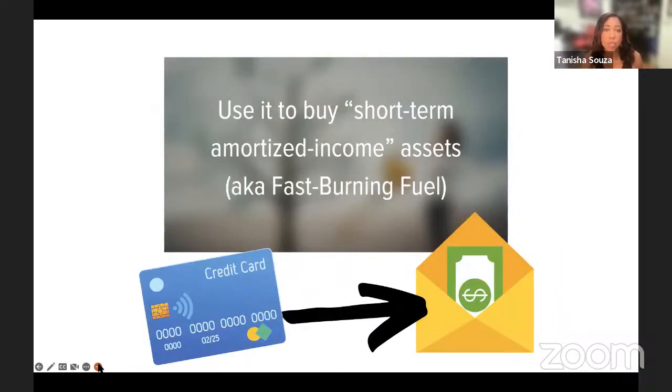And use it to buy short-term amortized income investments, which we also call fast burning fuel. This is a term we use at TARDIS. Short-term amortized income investments are fast-burning fuel. Basically, those are investments that are short-term, 2 years, 3 years, 5 years, maybe 7 years, and they are principal and interest.